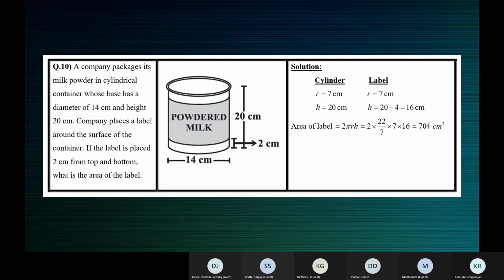You can just call this capital H because you cannot use the same H everywhere.